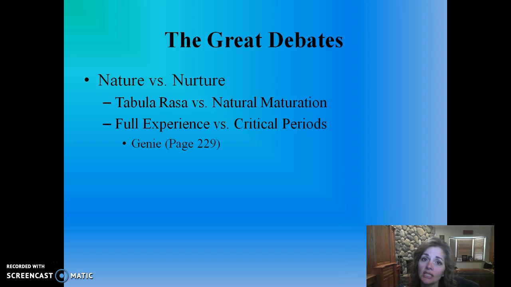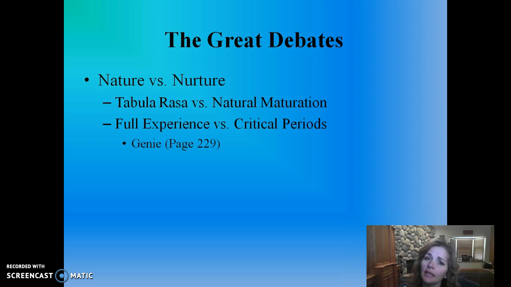And Genie, she's discussed on page 229 of your textbook. She is a great example of the importance of critical period. She was the most severe case of childhood abuse that we had seen in the United States up until her time, and she was not exposed to language at all. She was trapped and caged, often like an animal, with no interaction with the outside world.